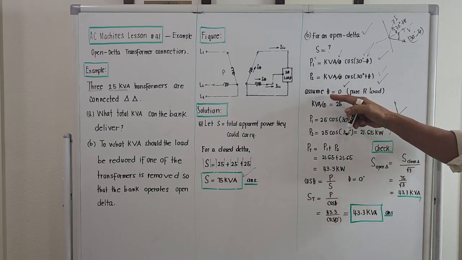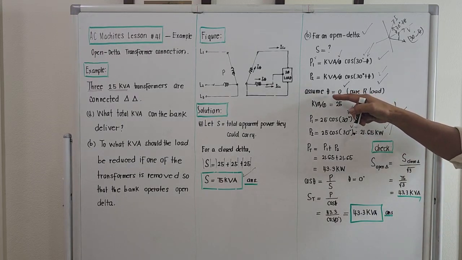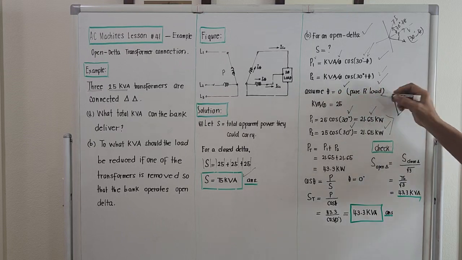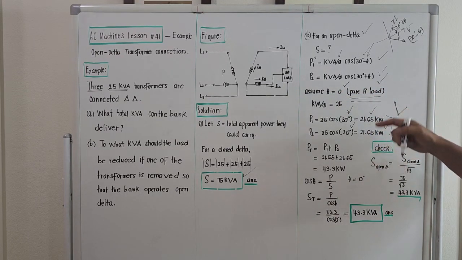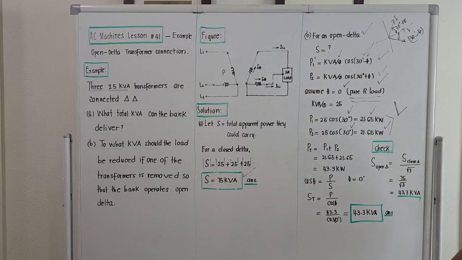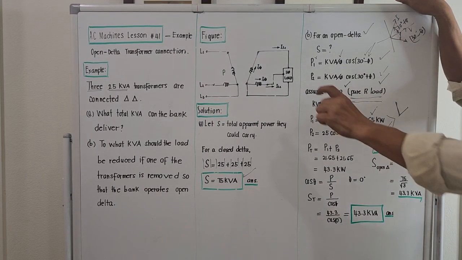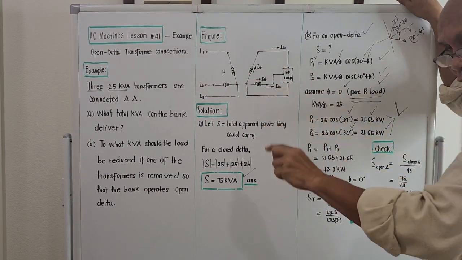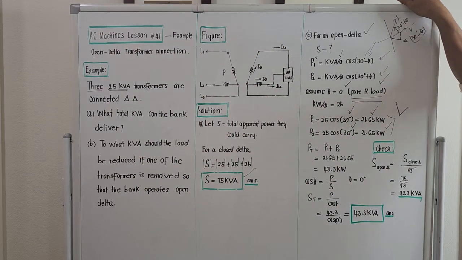If the power factor angle theta is 0 for a pure resistance load, that's the best condition for these two transformers to operate. Because at other power factors, there will be a variation on the load carried by transformer number 1 and number 2, like what we did the last time around, right?